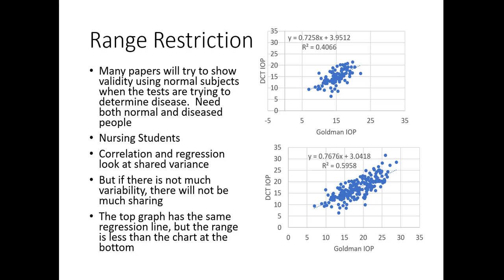Now we have this concept of range restriction, very, very common in the literature, and it's a big problem because people just don't have a lot of variability.